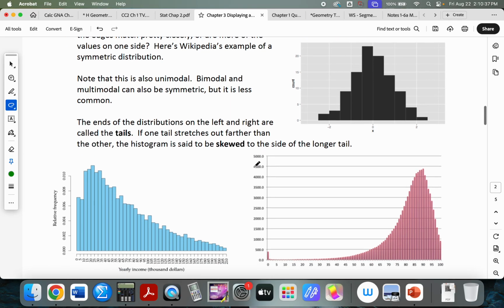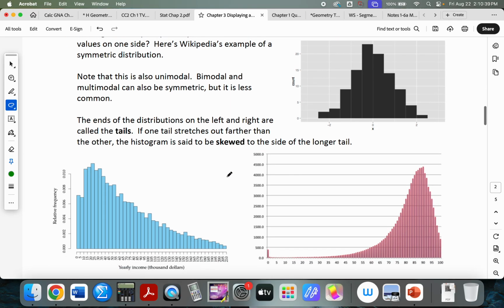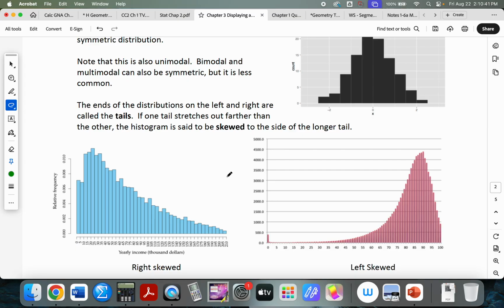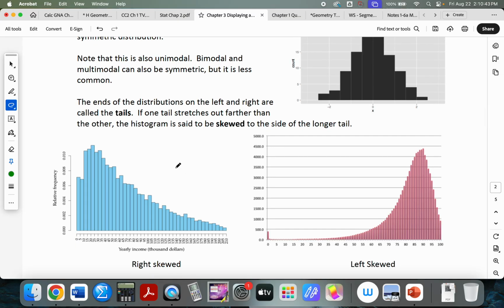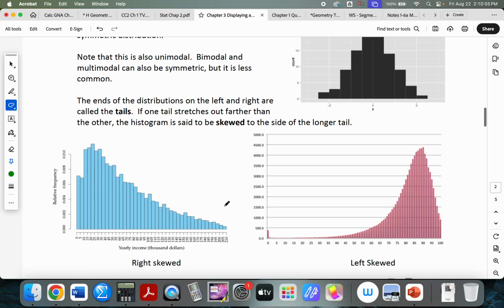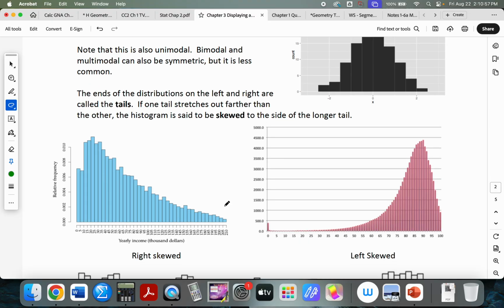Then sometimes when it's not symmetric, we'll have this where the ends of the distribution on the left and the right are called the tails. If one tail stretches out further than the other, the histogram is said to be skewed to the side of the longer tail. I used to get this confused all the time, frankly, before I started teaching statistics.